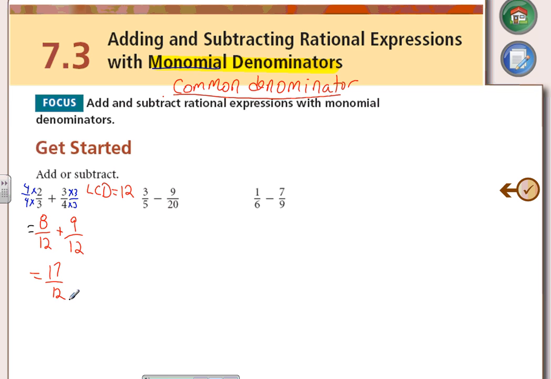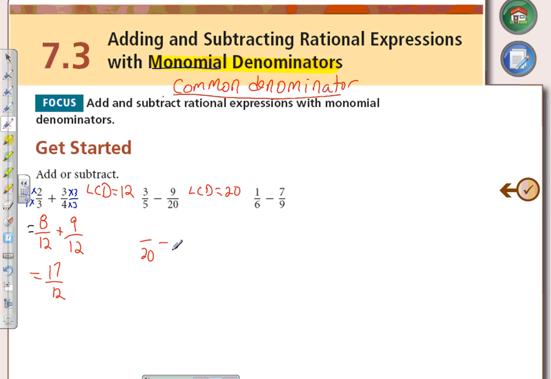In the first one, to get the LCD, we were able just to multiply the denominators. That doesn't have to be the case when we look at the second one. Our LCD is not just 5 times 20. It is 20. So in this one, we've got to get them both over 20.